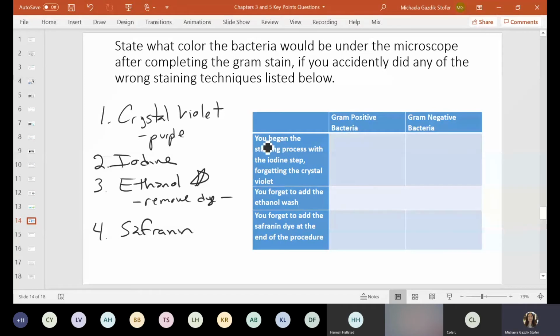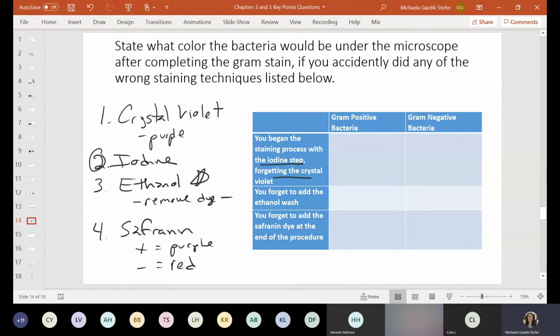So let's see if this first question wants to know if we began the staining process with the iodine step, and so we forgot the crystal violet. If we started here instead, I'm going to have you type this one in. When you got to the end, what color do you think your gram-positive bacteria would be? Remember, after we add the safranin, our gram-positive would normally still be purple, and the safranin would have dyed our gram-negative red.